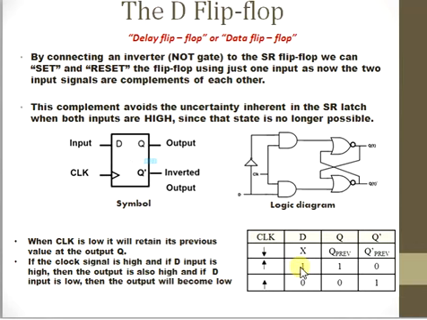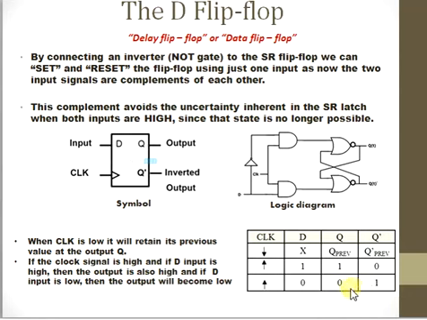So whatever we are giving to the input when the clock is high will be transferred to the output. So the normal output Q is 1 and the other will be 0. And when the clock pulse is high and you are giving 0 to the D input, you will get 0, that is the reset condition.